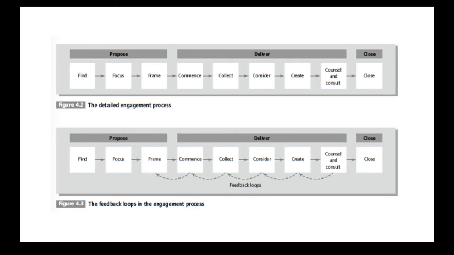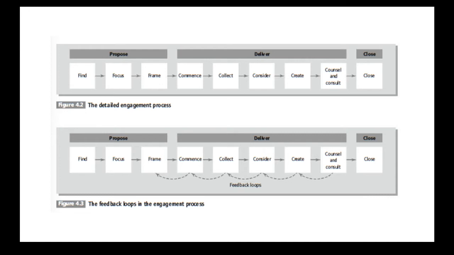So nevertheless, you will see that the feedback loops really are heavy during the deliver stage, but it is possible, for some weird reason, that you may have to go back to the frame step of the propose stage.